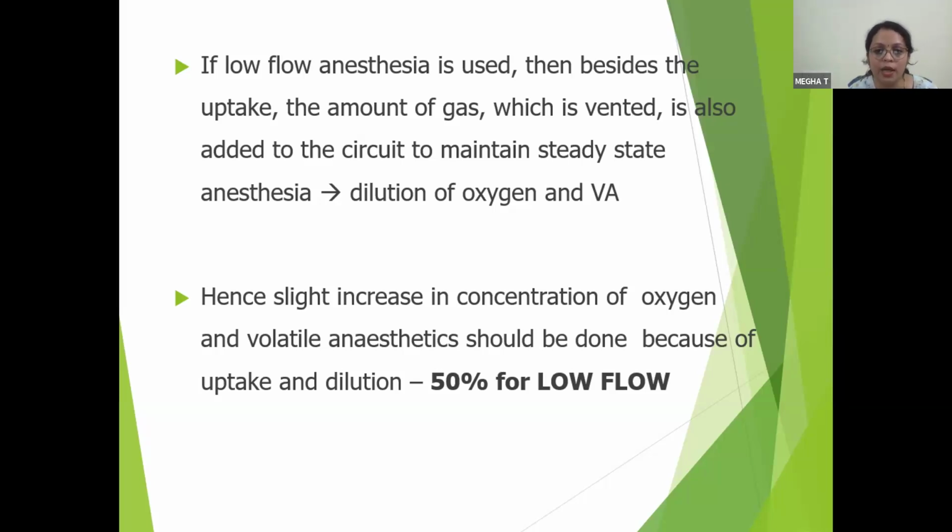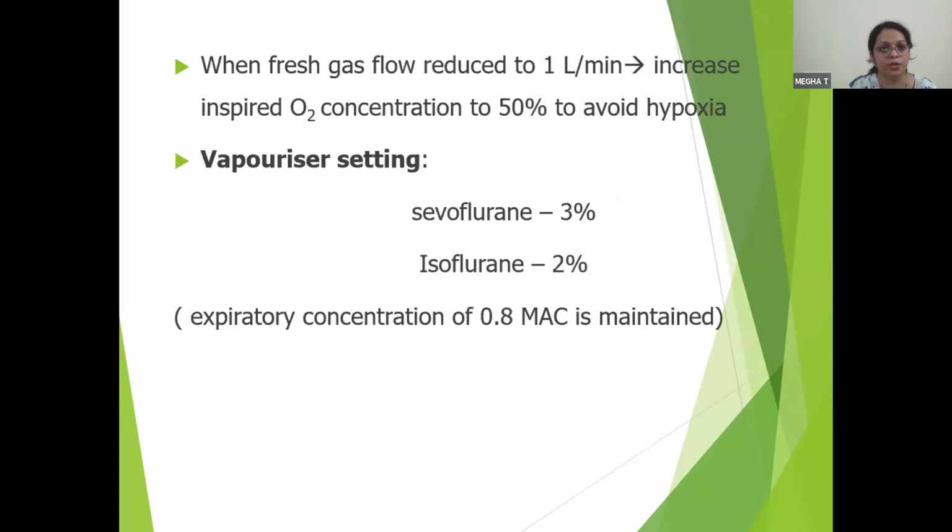And usually the aim is to set an inspiratory concentration above 30%. However, it is noted that an inspiratory oxygen concentration of 30% can only be maintained if the fresh gas oxygen concentration is increased to 50% once the flow has been reduced. So when the gas flow is reduced to 1 liter per minute, increase the inspired concentration to 50% in order to avoid hypoxia.